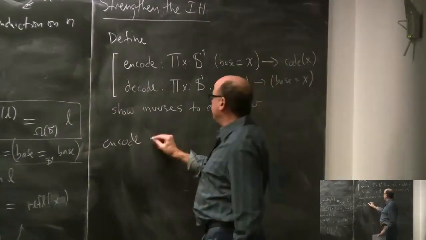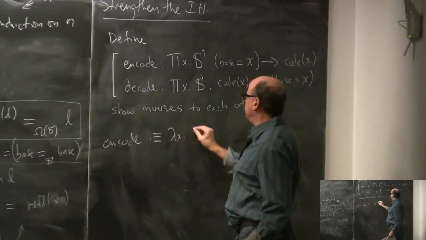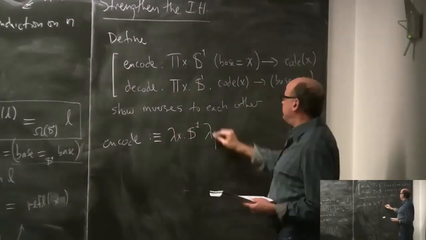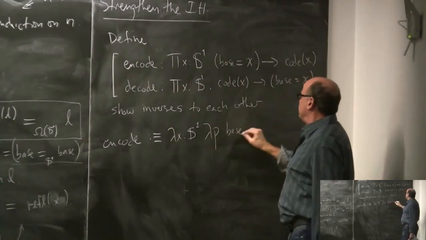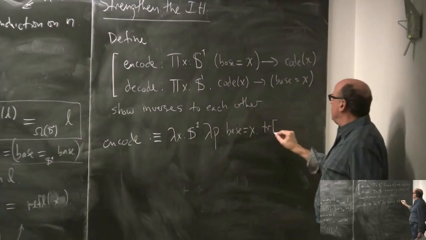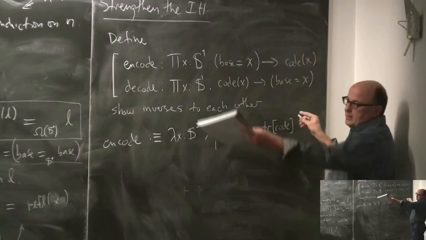Okay, so what is encode? It's defined like this. You take lambda x, which is in S1. So I'm not going to get to go through this with you. That's a pity. But actually, the main ideas are going to be there. Let me write it all out. This is base equals x. And what you do is you transport along the family code, which I've written here because code is p to u1.